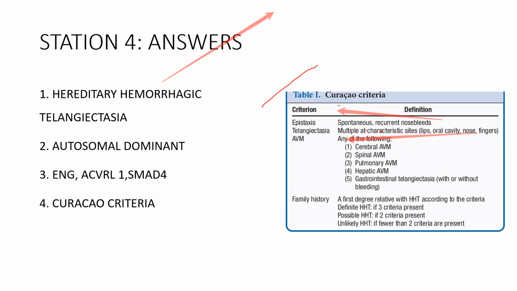That is called the Curaçao criteria, and the criteria includes epistaxis, that is spontaneous recurrent nosebleed, telangiectatic lesions, that is mucosal telangiectatic lesions in lips, oral cavity, nose, and also in the tips of fingers. And AV malformations you can get in cerebral, spinal, pulmonary, hepatic, and gastrointestinal sites.